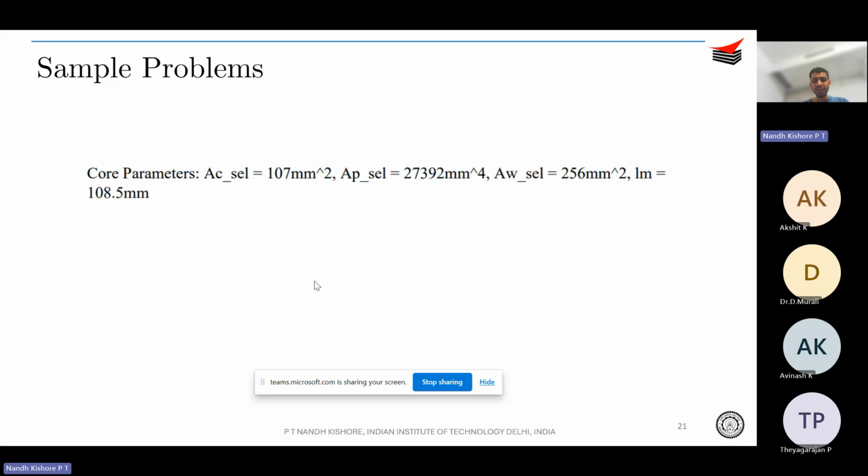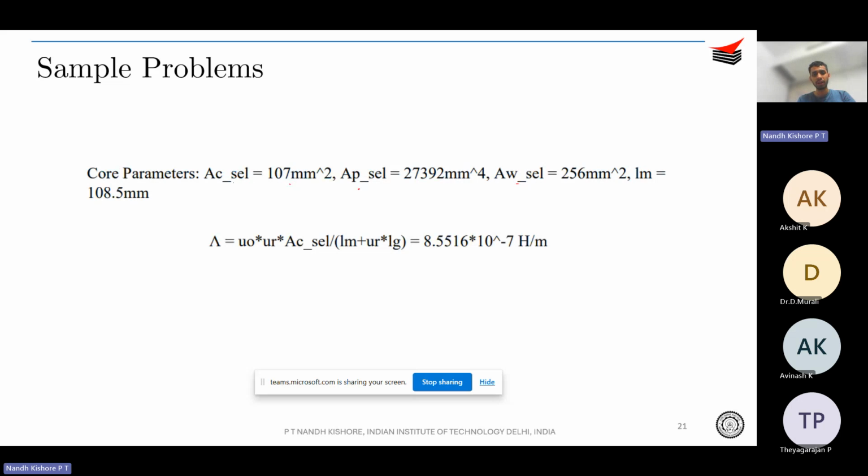So for the selected core, the core parameters are also given, that is your Ac is 107, Ap is 27392 mm to the power 4, that is your area product, Aw is 256 mm square, and your mean length path lm is 108.5. This is also given in the question.